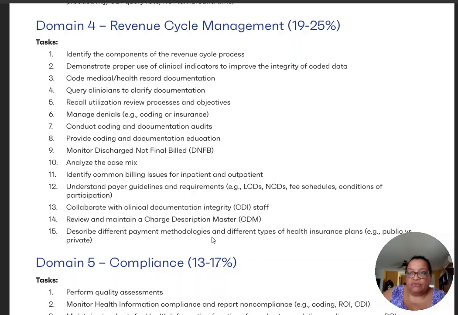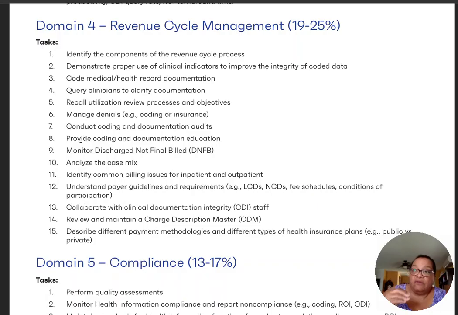The other area you might want to focus in on is, some people say, well, what is query? Am I going to be querying physicians? No, but you may be given 2 examples on the RHIT exam, you may be given 2 queries, and then you're asked to identify which one is a leading query.